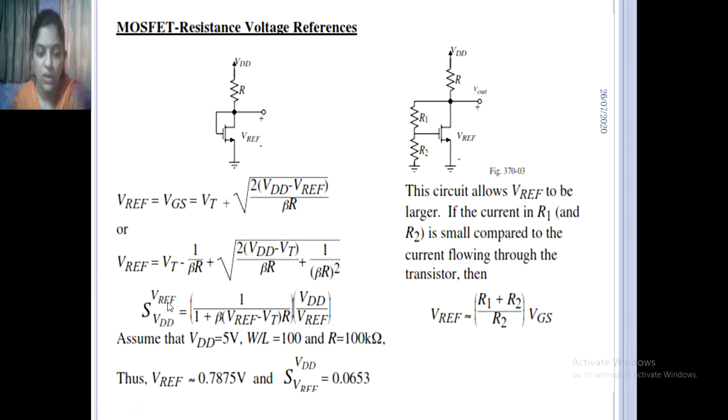So the stability factor is given by this equation. Assuming that VDD is 5 volt, the ratio is 100 and R is 100 kilo ohm, V reference is 0.7875 volt and the stability factor is 0.0653.